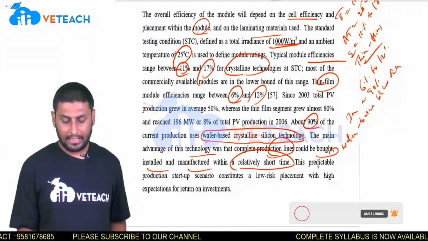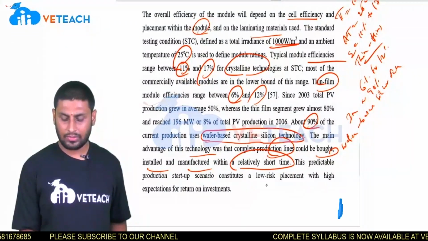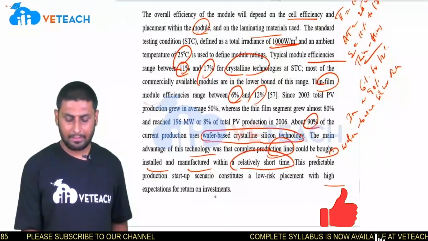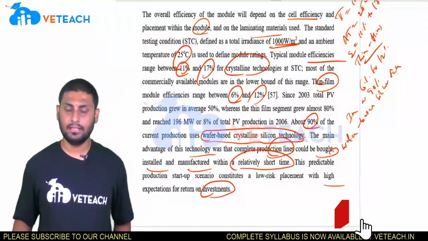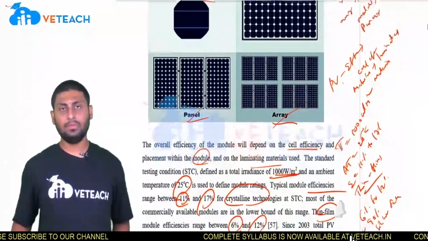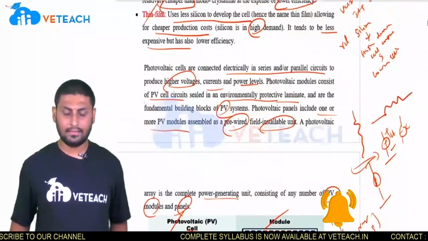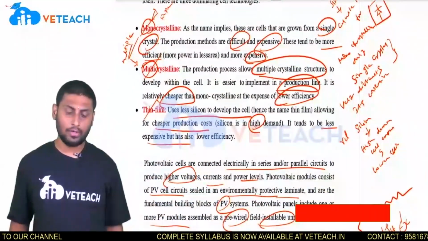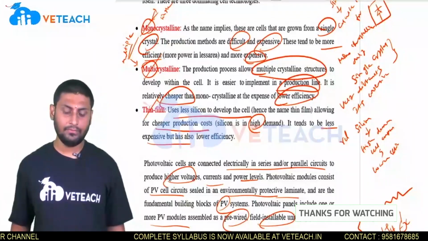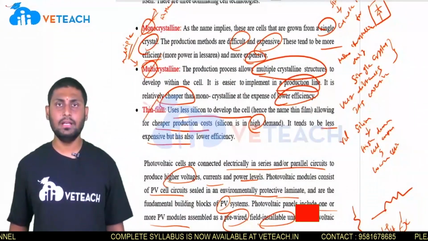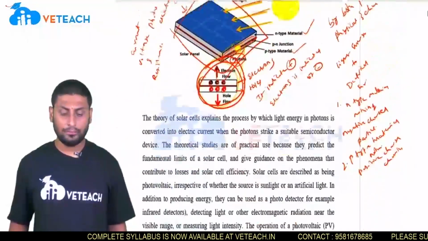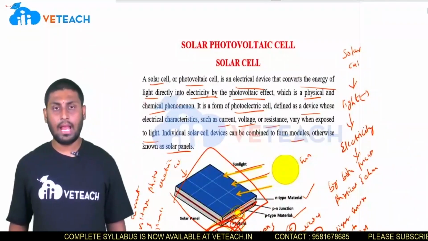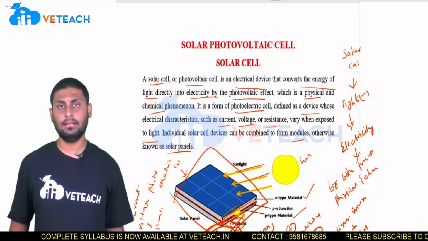The predictable production startup scenario constitutes a low-risk placement with high expectations for return on investment. These are the major advantages and disadvantages of the monocrystalline, multicrystalline and thin film cells used in PV cells, along with the definition of a solar cell and the working principle of a solar cell. Thank you.